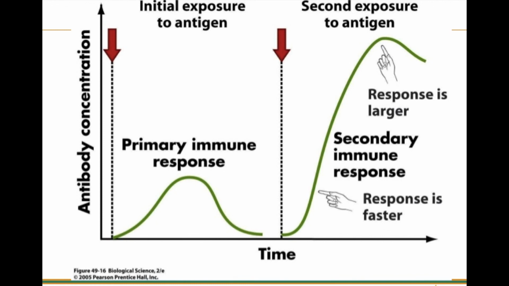So this is why once you get the flu, you generally don't get it again. This is why vaccines work. They allow you to produce memory cells for the specific antigen, and then if you're exposed to it, you get a much larger and faster antibody response, so you can destroy it before it can make you sick.